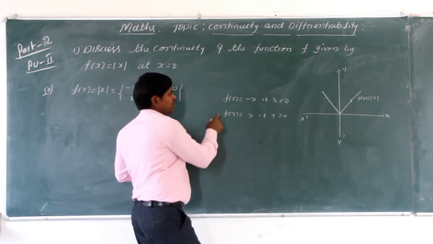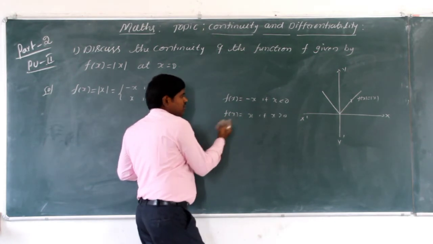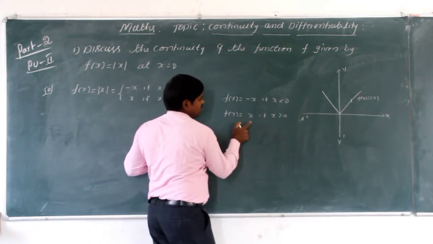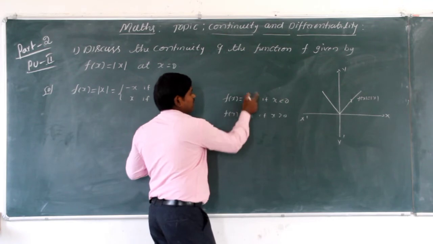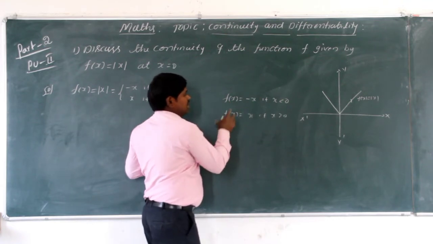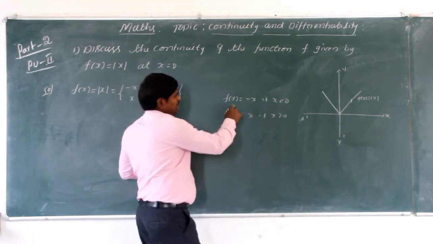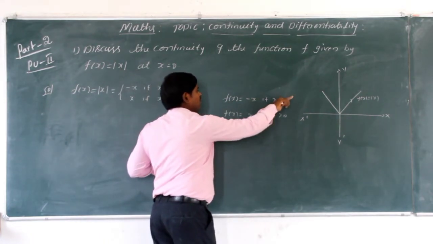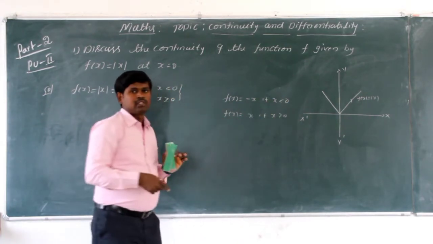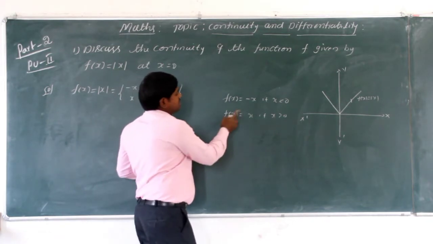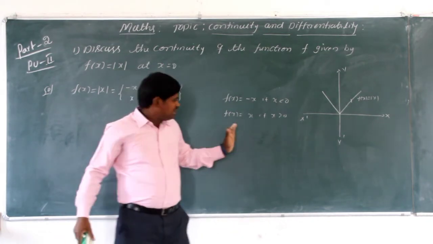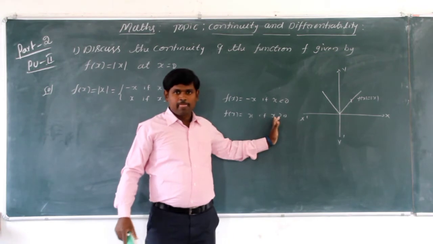This one is the identity function, also a polynomial function, so these types of functions are continuous in their domain. So f of x equal to minus x is continuous for all values less than 0, and f of x is equal to x is also continuous for all values greater than 0.